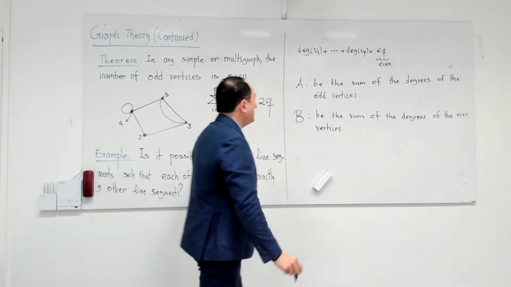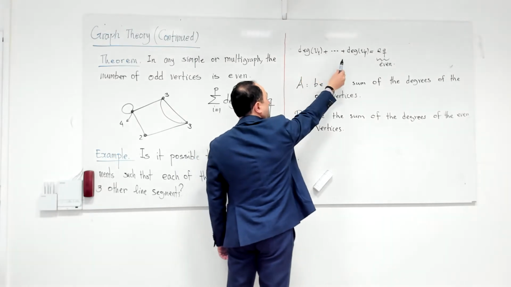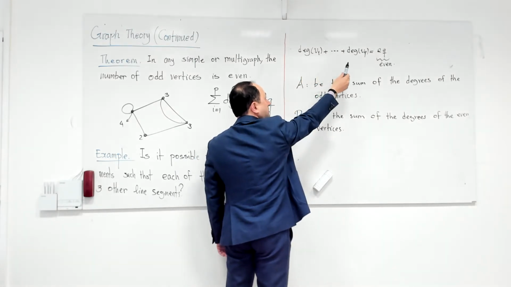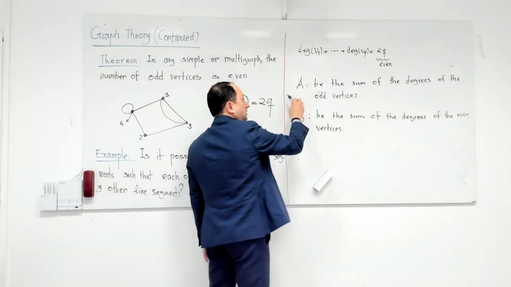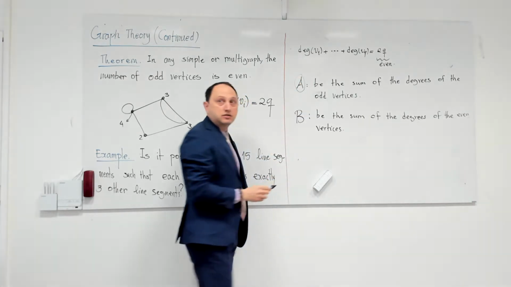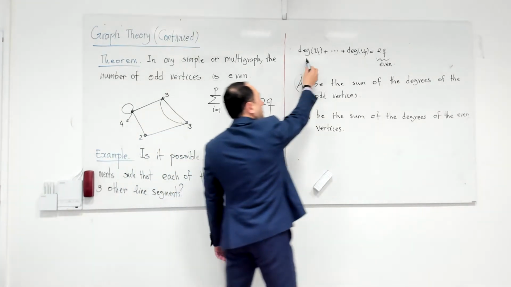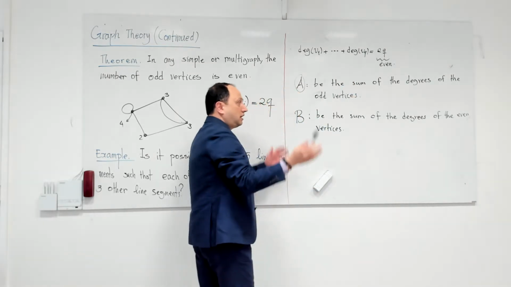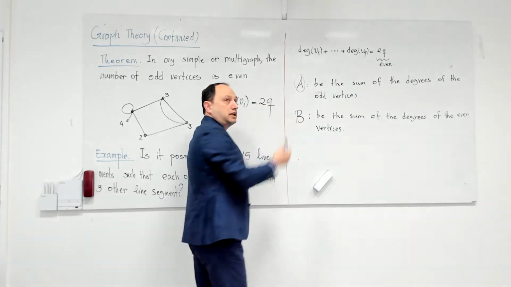Yes? So it means that I check my list, some of those numbers are odd. I add them together, I call it A. Yes? And in my list, some of these numbers are even. I add all of them and give it a name B.